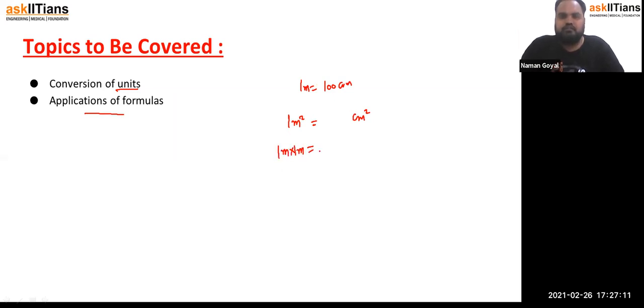In place of each 1 meter, we can write 100 centimeter, so it becomes 100 centimeter multiplied by 100 centimeter, which gives centimeter square. In this lecture, we are going to learn how we do these types of conversion. After that, applications of formula.